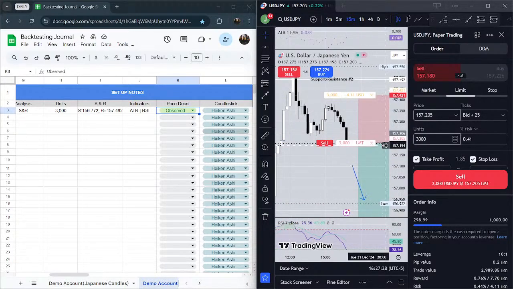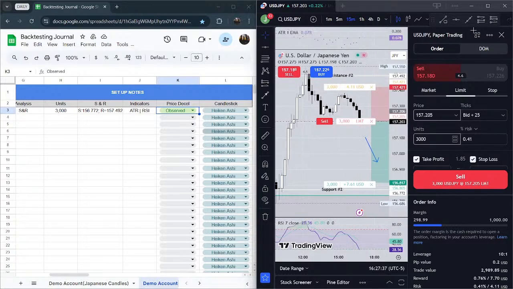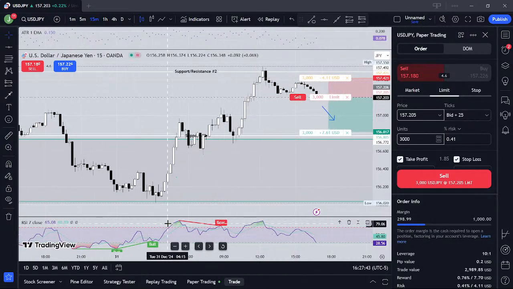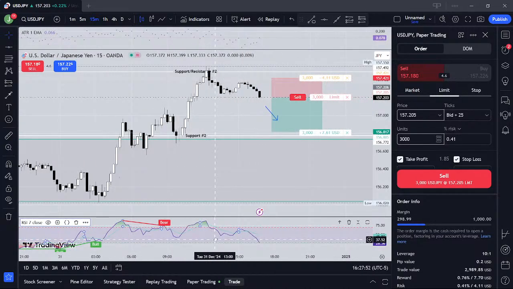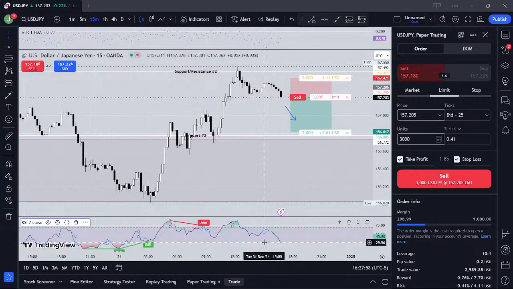I'm not too sure. Let me check the RSI. I'm not too sure about this trade, but it says bearish market. The market went down much deeper. It should go down.